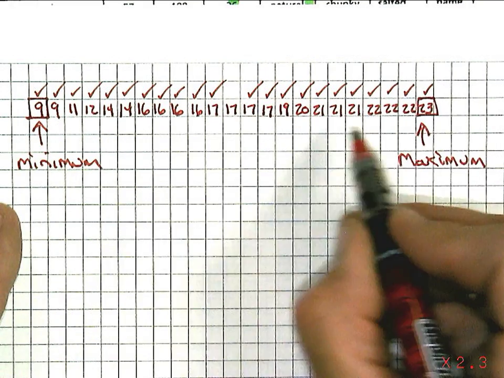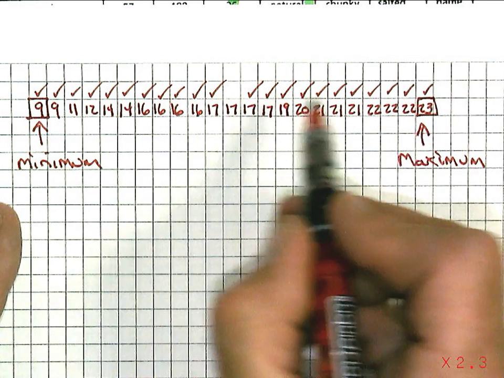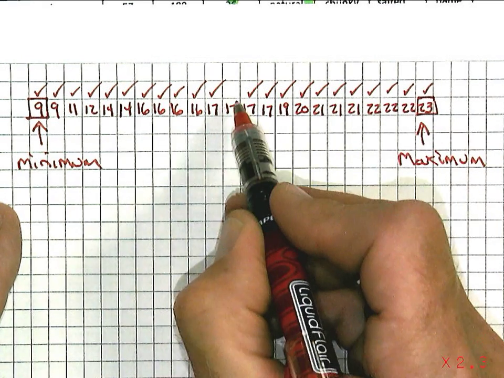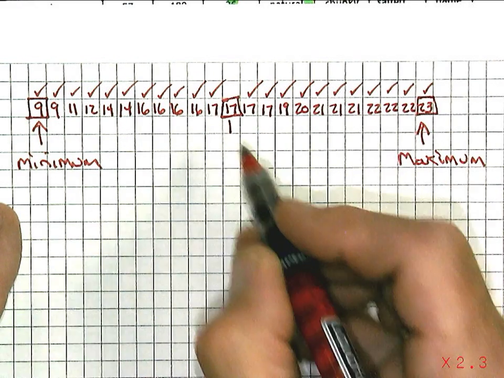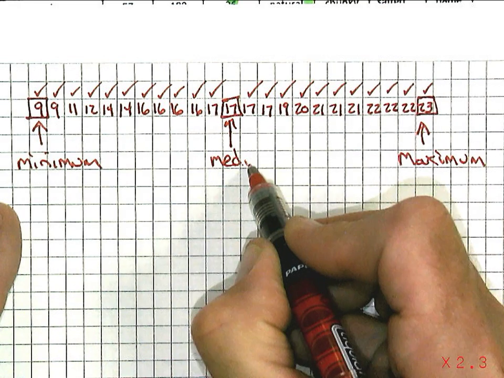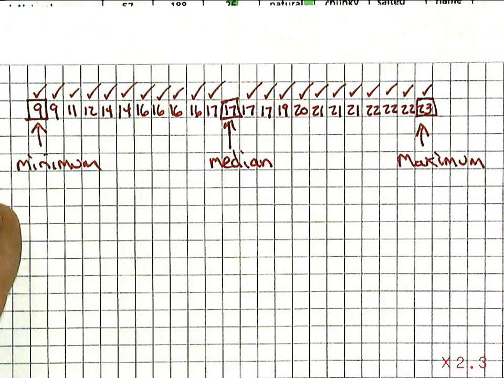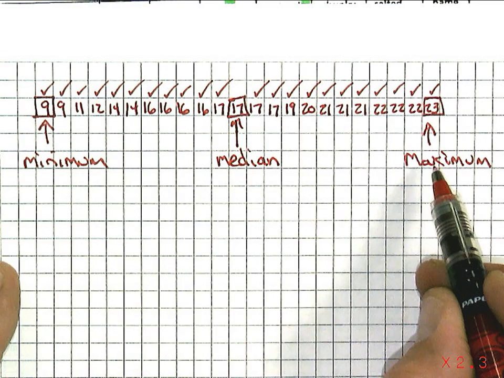So there's actually an odd number of numbers here. There's actually 23 numbers. 11 and 11 is 22, and the 1 left in the middle, this 1 left in the middle, is the median. So we have a minimum, a median, and a maximum.